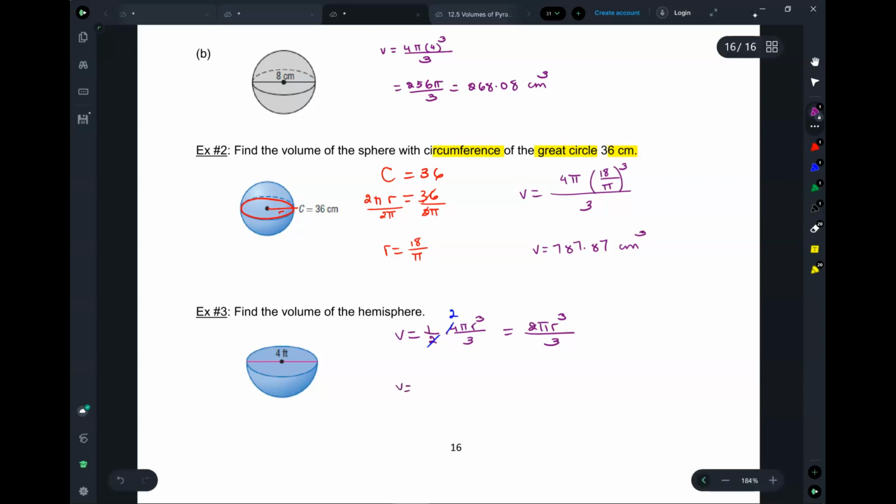So volume is going to be 2 pi, 2 cubed over 3, and we can do a little bit mentally here. 8 times 2 is 16 pi over 3.